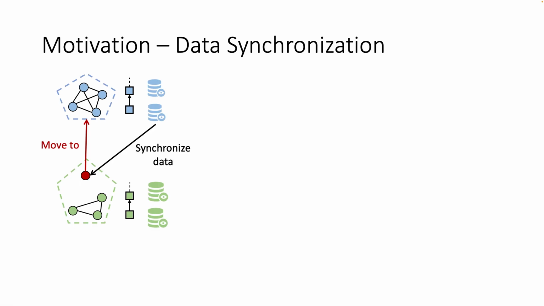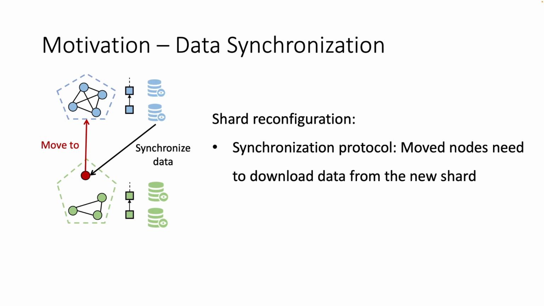So it has to synchronize the whole data of the blue shard before it can be accepted by the blue shard, which means if it hopes to verify transactions in the blue shard, it needs to download the data before it has the capability to verify new transactions. This mechanism is also called shard reconfiguration.